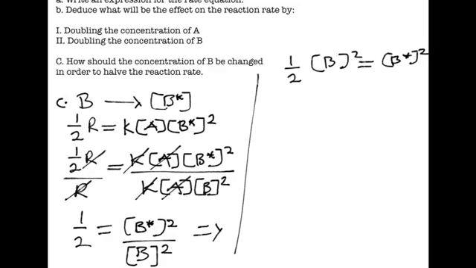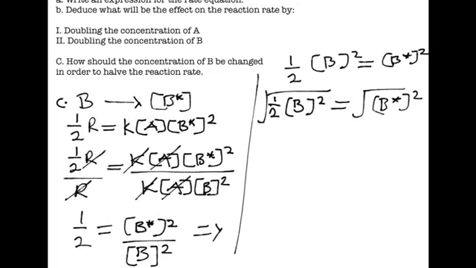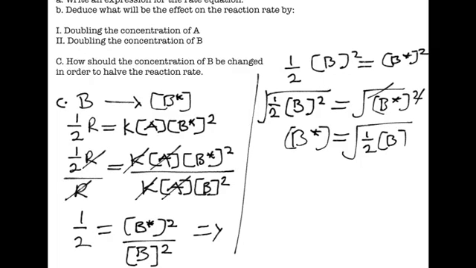Because this is squared, let's take the square root of both sides. So the square root of half B squared is going to give us the square root of B asterisk to the power 2. Now this is going to cancel out, so we now have B asterisk equal to the square root of 1 out of 2 B squared.